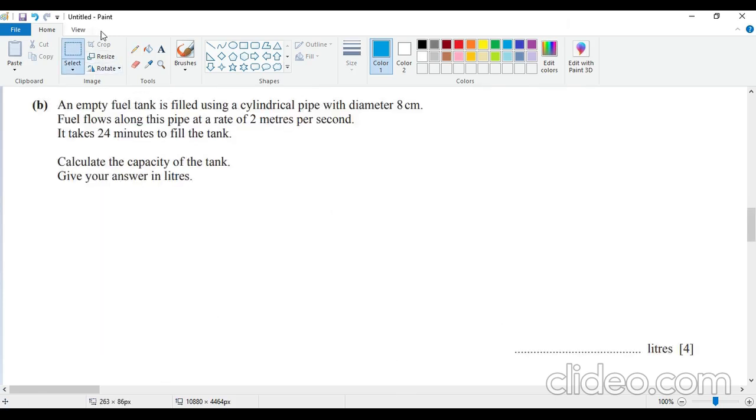And part of this question is about an empty fuel tank being filled using a cylindrical pipe with a diameter 8. Diameter 8 means the radius is going to be 4. So this cylindrical pipe is going to look something like this.